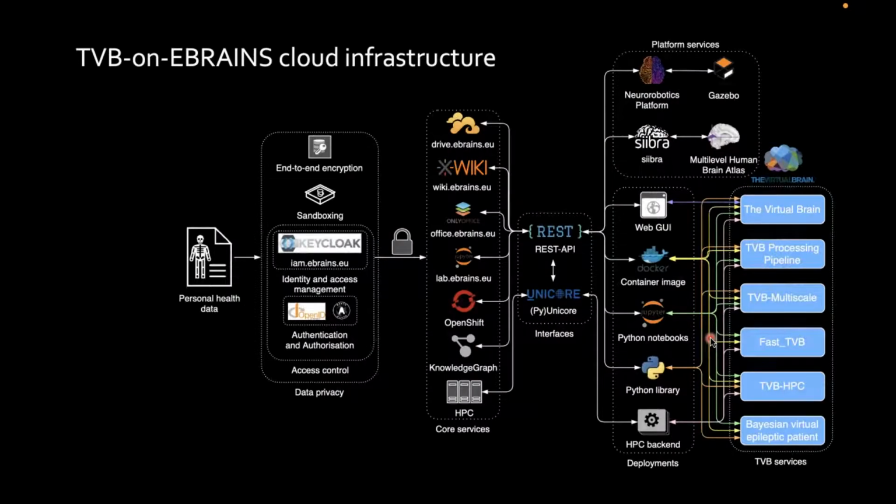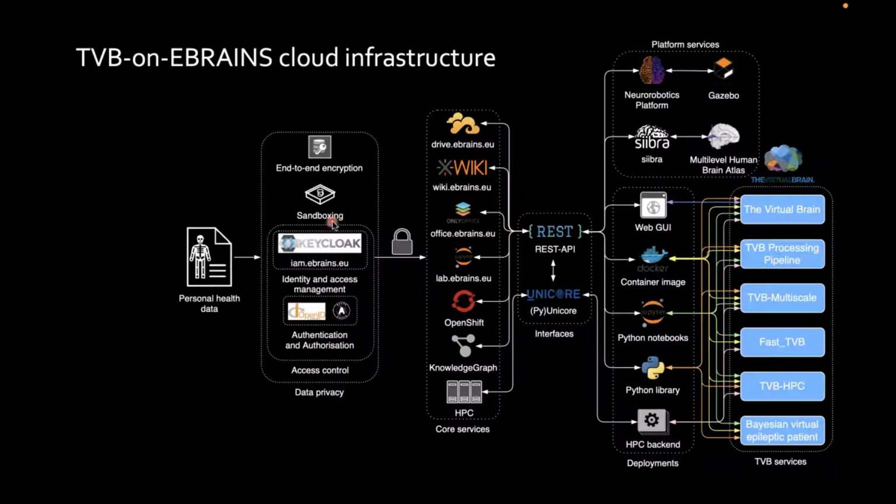There are also certain parameter fitting models implemented that can be used to reverse engineer parameters, for example, of epileptic patients and their epileptic target and propagation zones. Then we have the image processing pipeline, which we will talk a lot about, which is a prime example for these kinds of workflows, because this image processing pipeline integrates a lot of different aspects, and a lot of different problems come together there and are addressed there. And then we have TVB ready data, which is data that is ready to be simulated.